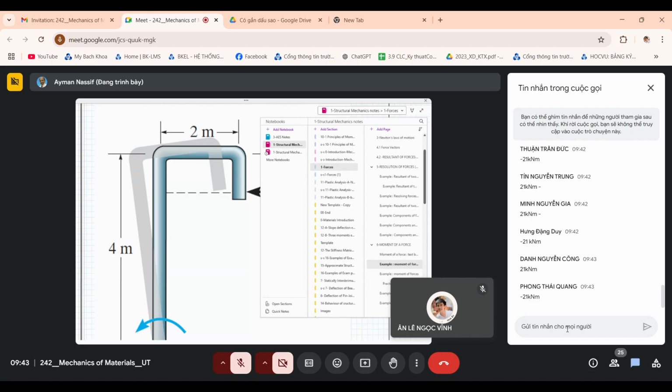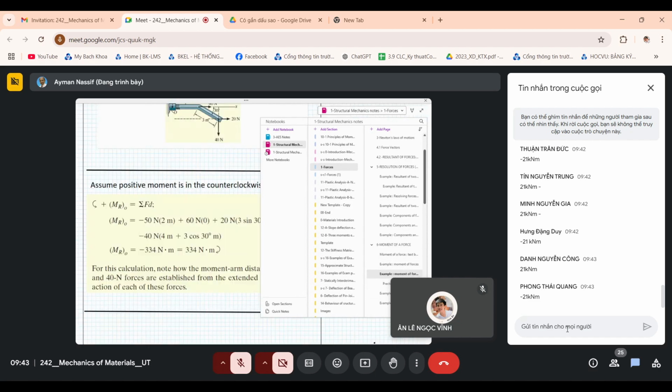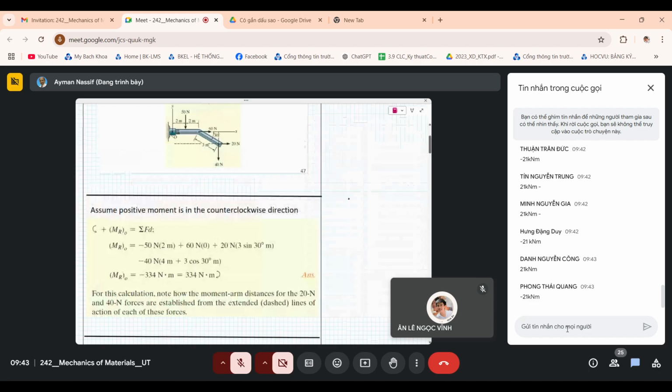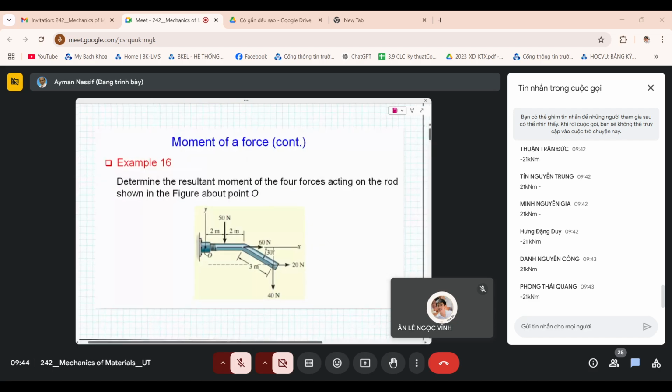So let's go on and increase the difficulty a little bit. How about this one, please? You might need a bit more time. So go ahead, please, and try this problem.